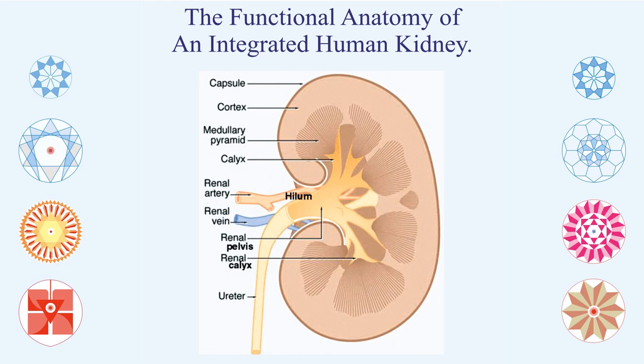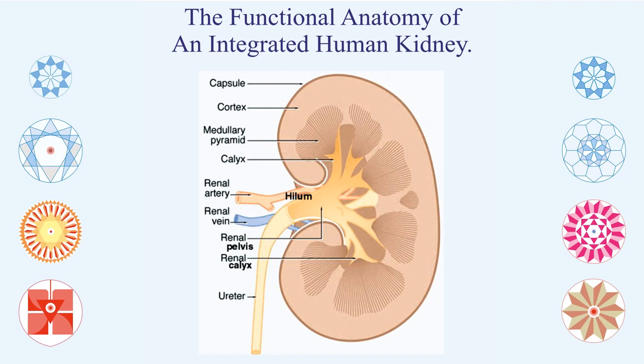The functional anatomy of an integrated human kidney, as I've made clear in the last slide, is this. Kidneys are bean-shaped, in the Divyank ratio. The length and breadth, like the heart, are in the Divyank ratio 3:5. It is surrounded beautifully by a capsule, and inside we have the cortex, the outer layer, and the medulla, which is inside.